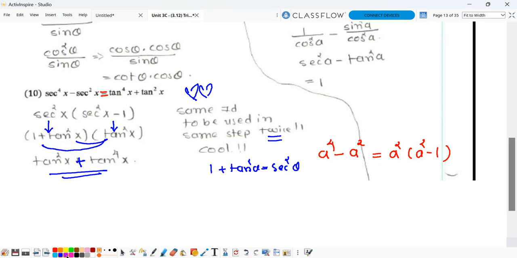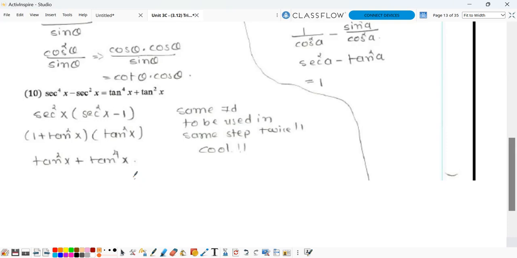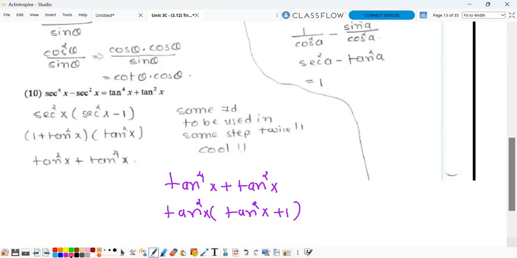So let me explain how this would look if I start from the other side. Tangent to the fourth plus tangent square. I factor out tangent square, so tangent square times tangent square plus 1.